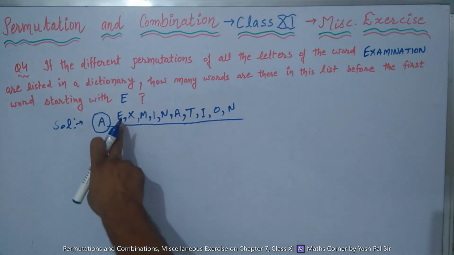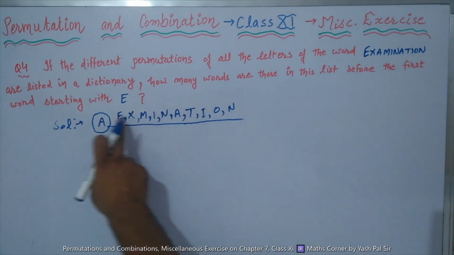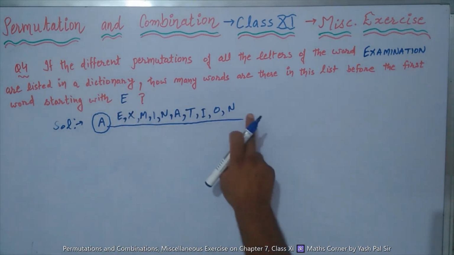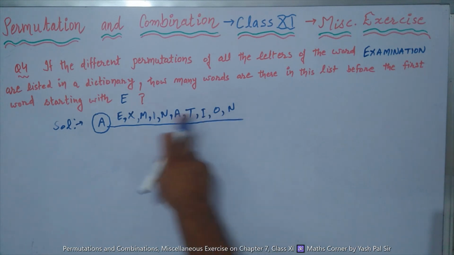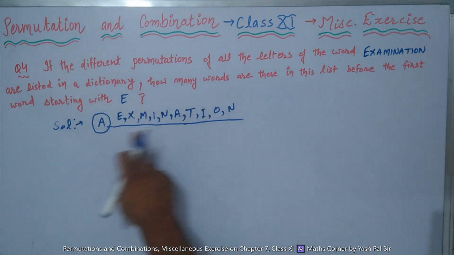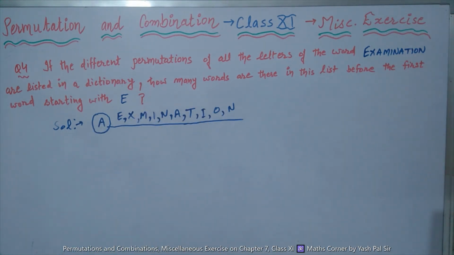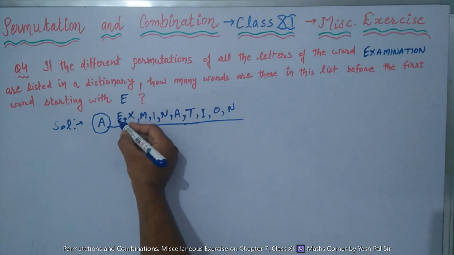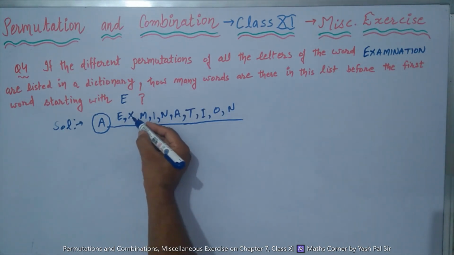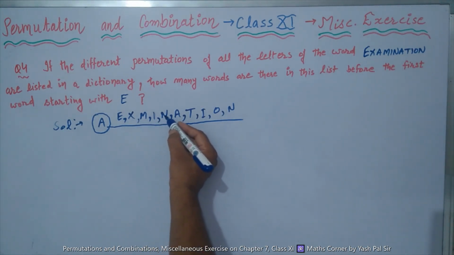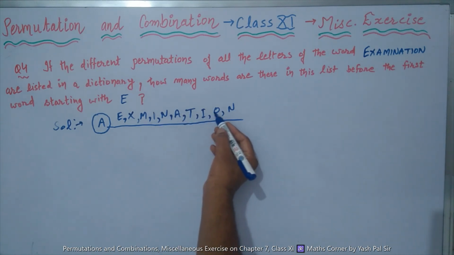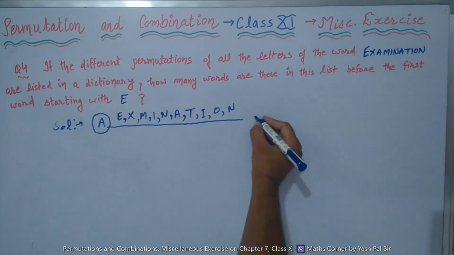So we have to see the number of permutations, the number of arrangements of all these remaining letters except this A. Right? Now first of all, how many letters are there? 1, 2, 3, 4, 5, 6, 7, 8, 9, 10. They are 10.